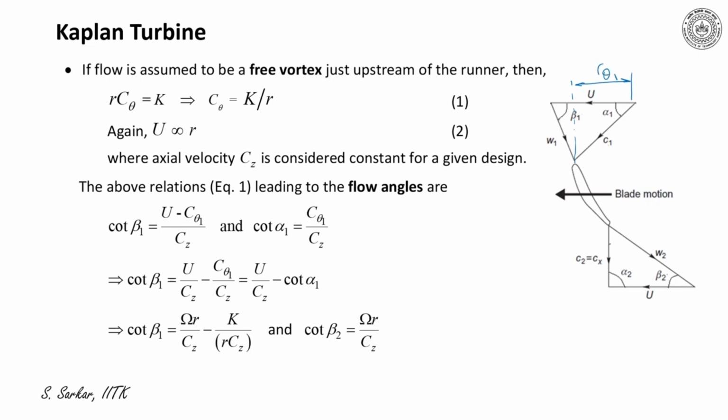Thereby, from the inlet velocity triangle, one can write cot beta 1 is equal to U minus C theta 1 divided by Cz, and cot alpha 1 is equal to C theta 1 by Cz.